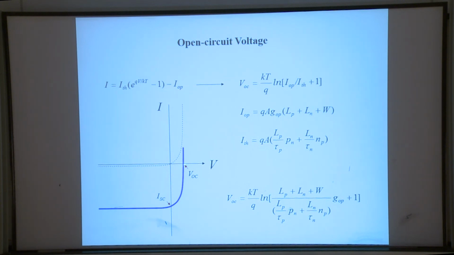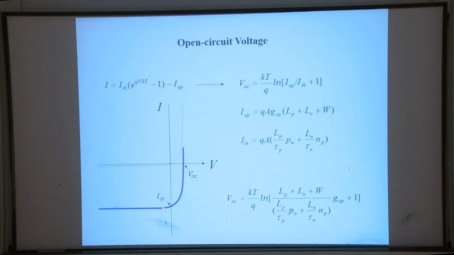It crosses the voltage axis at a point we define as VOC. OC stands for open circuit, which means there's no current. We shine light on the PN junction without connecting wires to any load. So it's open circuit, no current, only voltage. This is an extreme condition.